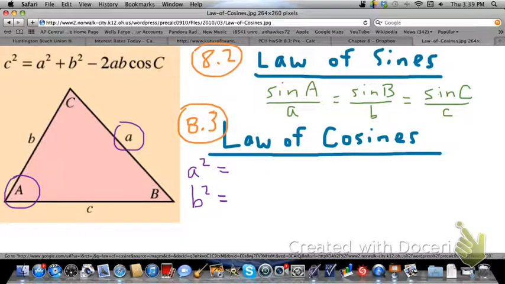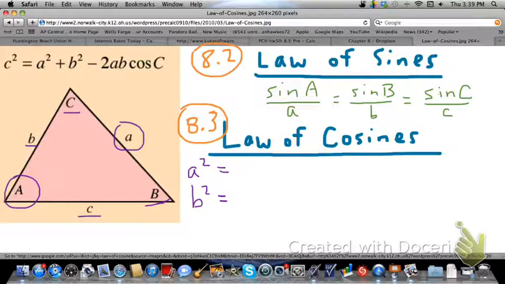Notice here that the lowercase a is the side opposite of angle A, and same with the lowercase c being opposite angle C, and lowercase b being opposite angle B. Just keep in mind that the relationships between the capital A and lowercase a have to be in these positions so that the formula works out. So you can't just label the triangle any way you want.